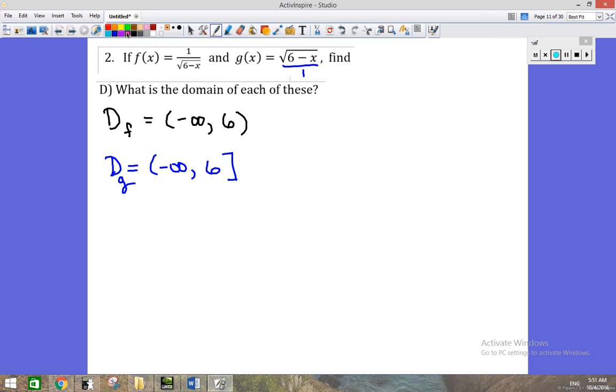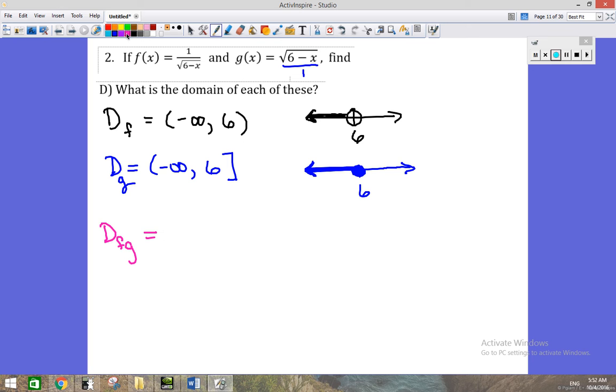Now our domain for the product FG is the intersection of these two sets. And if you draw a picture right next to them, 6 is excluded here, and 6 is included here. So 6 is not in both sets.